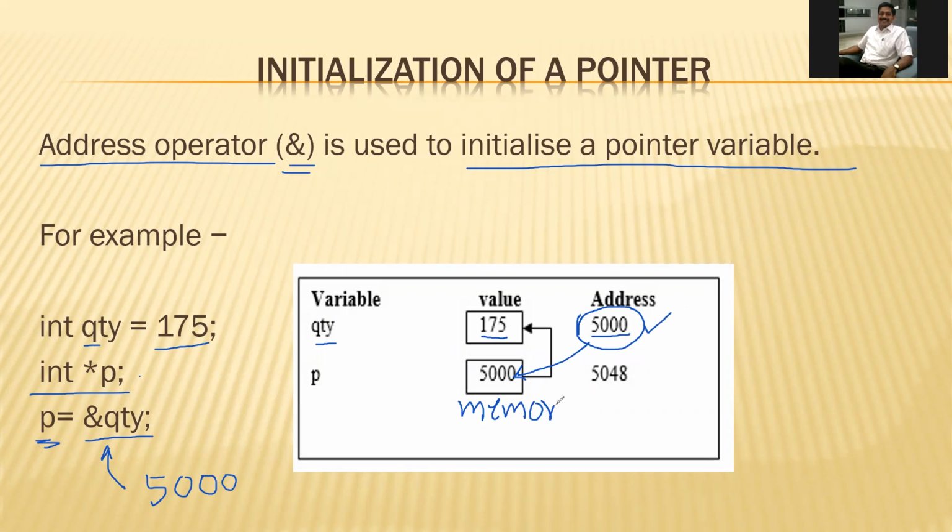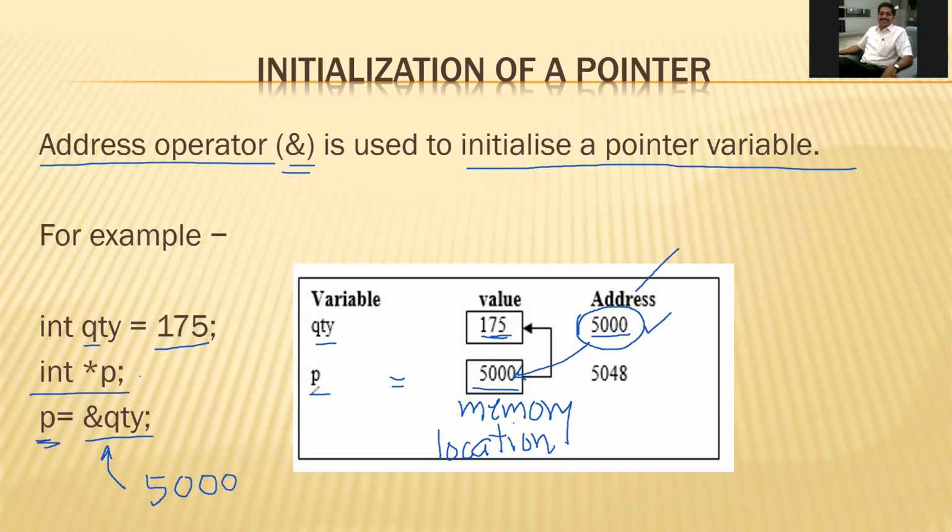See here, this is another memory location. This is very important because p will hold the value 5,000. But what is this 5,000? 5,000 is the address of 175.